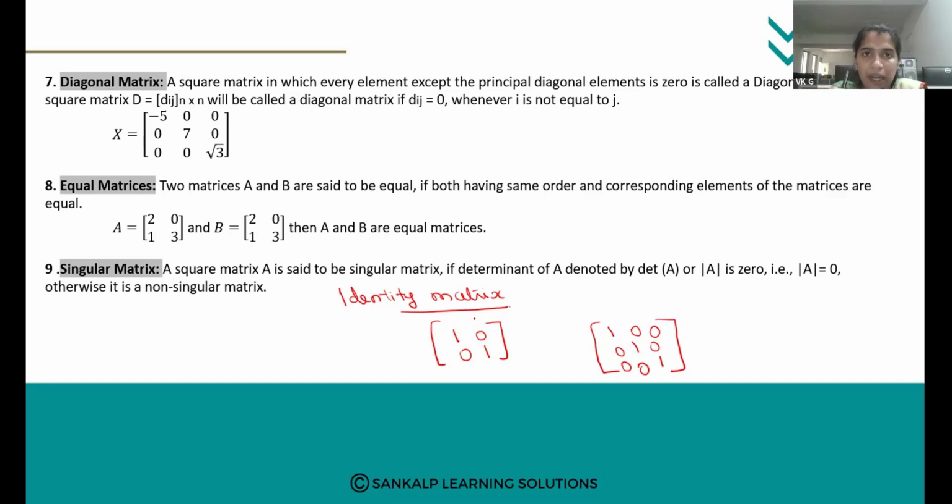A diagonal matrix in which all the diagonal entries are equal is called a scalar matrix. A scalar matrix or a diagonal matrix in which all diagonal entries are equal to 1 is called an identity matrix.